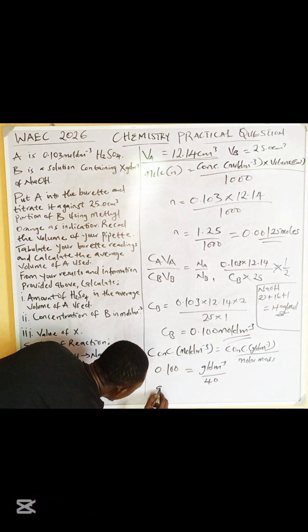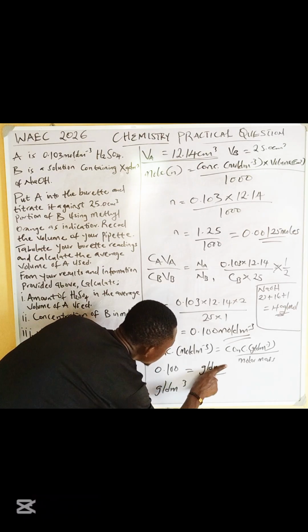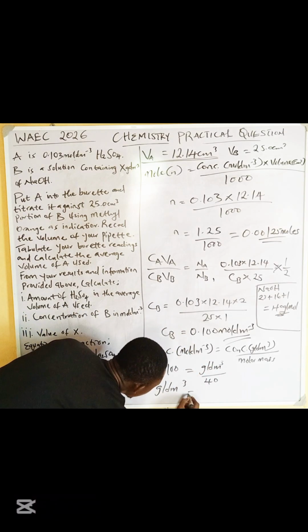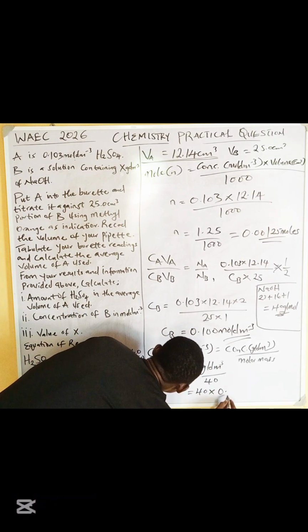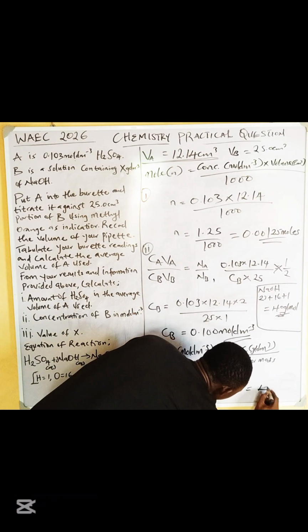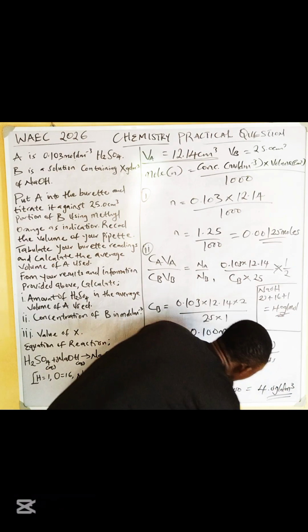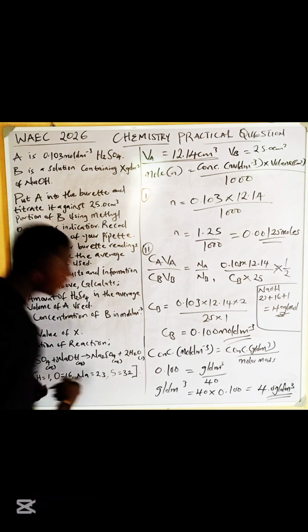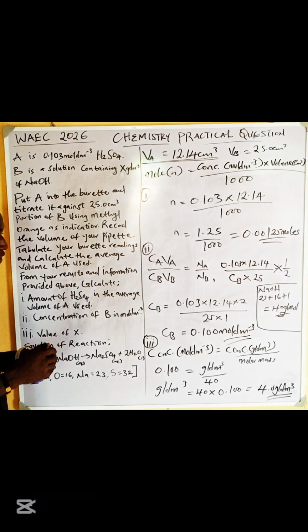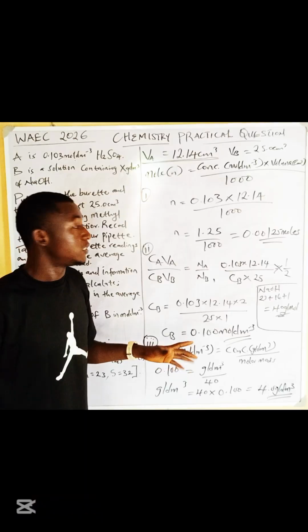So if you cross multiply, the gram per dm cube equals 40 multiplied by 0.100, which is 4.0 gram per dm cube, which is my value for X. So this is my third one. Good. So this is how to solve this kind of question. In case you see it in your WAEC, this is how to solve it.